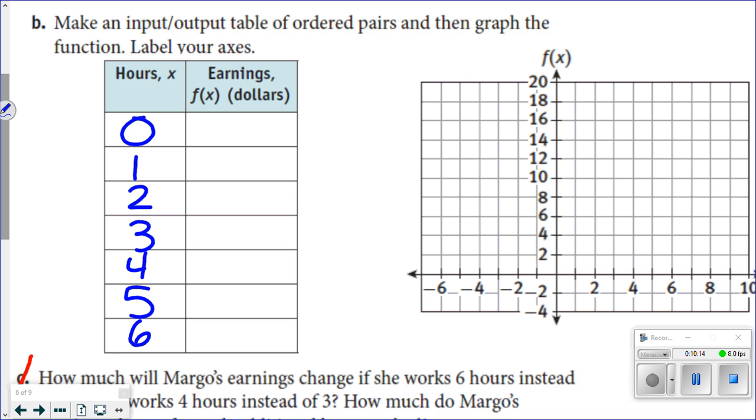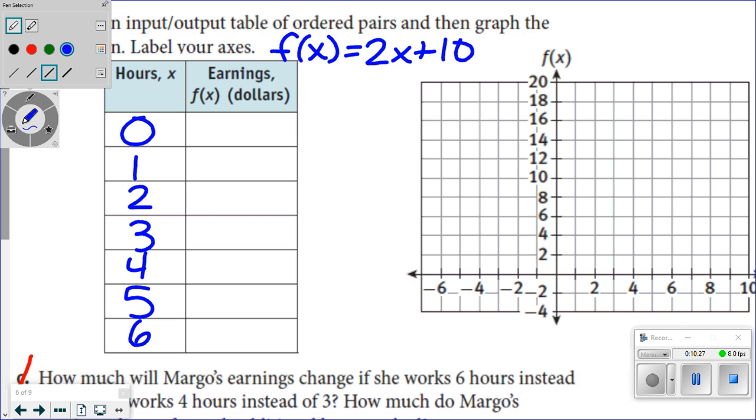And if you don't know how to fill in this table, again, you can take our function, f of x equals 2x plus 10, and we can take our hours, which are our x values here, and we can substitute or plug them in for x.